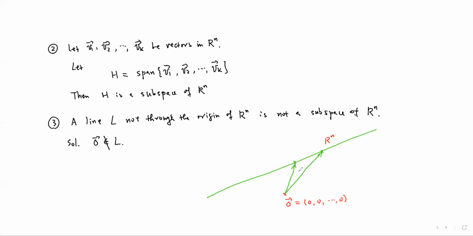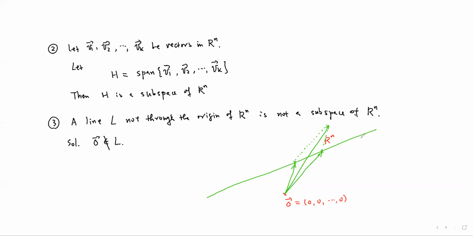Then the sum of these 2 vectors, sum by parallelogram. The sum is this vector, clearly not on the line. A vector and this point, they are the same, identical. So this point here is not on the line. So the L is not closed under vector addition.